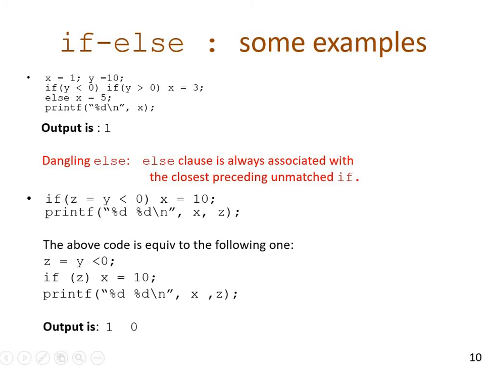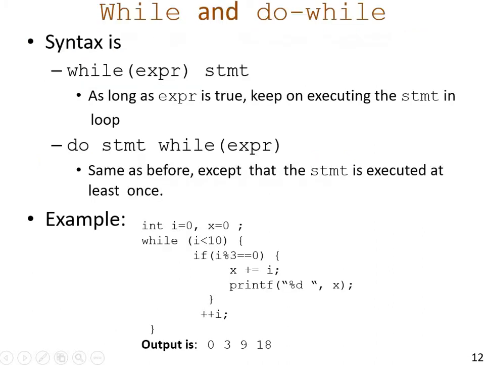The next statements are while and do while. The while will first evaluate the expression, then it will execute the statements. In the do while, it is the same as above, but the statements will be executed at least once, even though the condition is not true. If you see the below example, i equals 0 and x equals 0, while i less than or equal to 10, i less than 10.